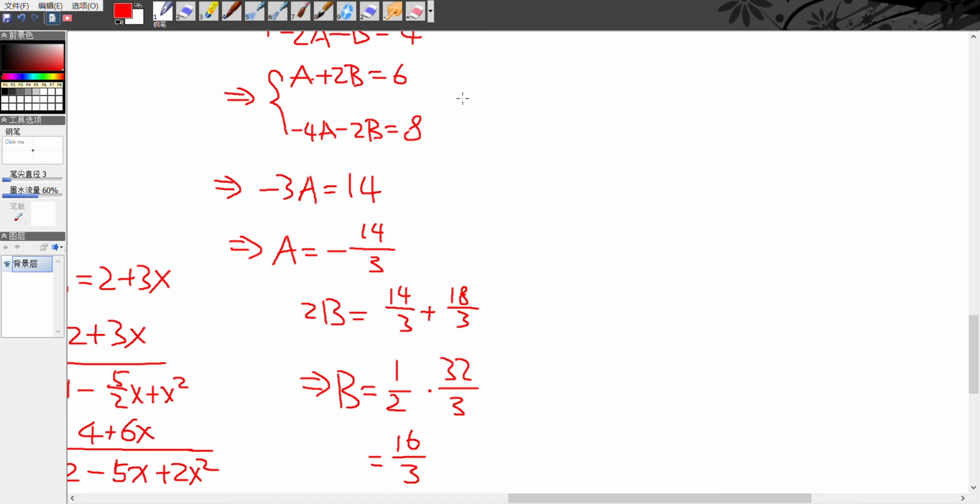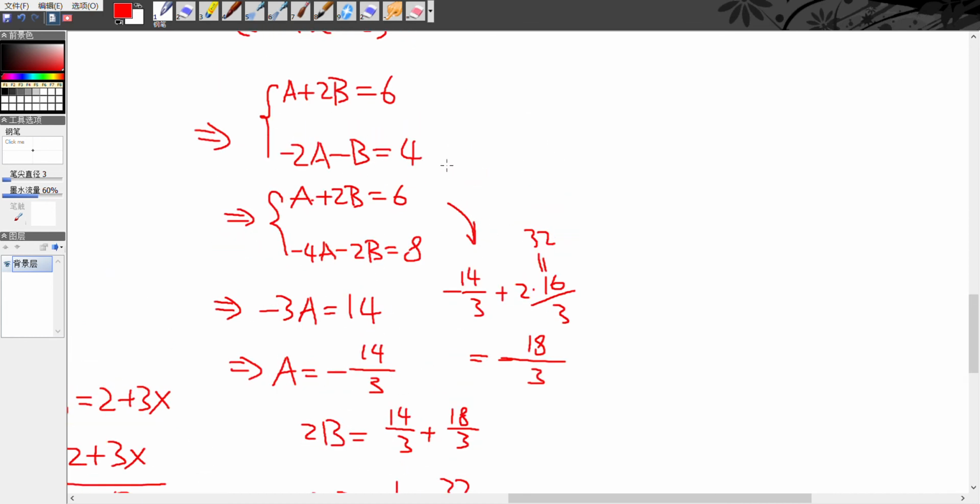So we do a little check. I think I made a little mistake on that. Checking: 2 times 16 over 3 is 32 over 3, and we have 28 over 3 minus 16 over 3, which equals 12 over 3, which is equal to 4.